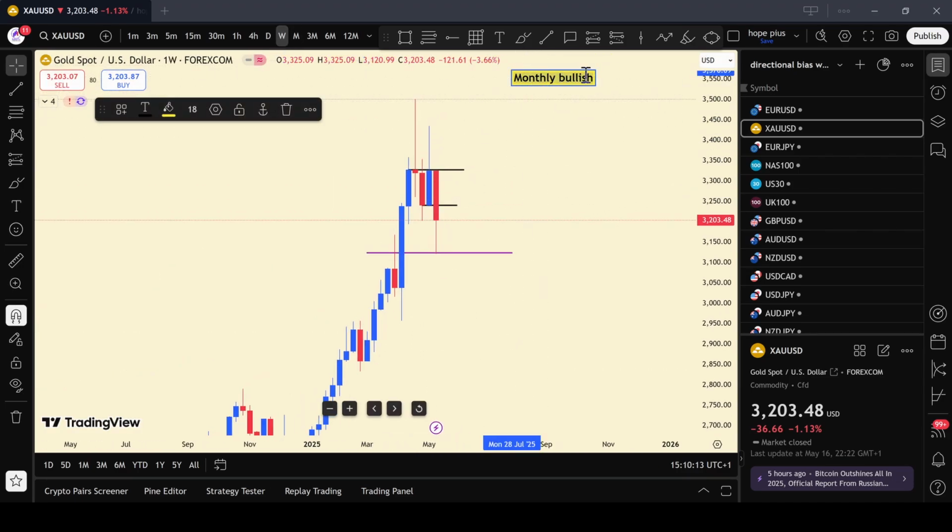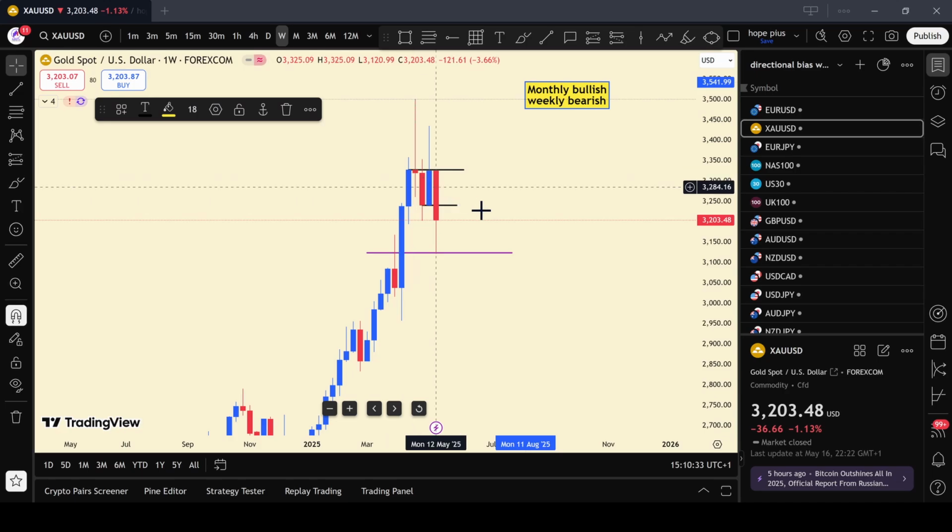So I'm going to come here. Weekly bearish. Weekly bearish. All right. So the weekly time frame has switched bearish.